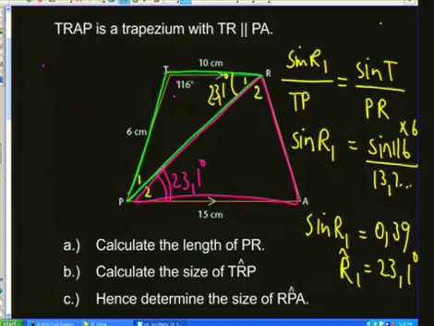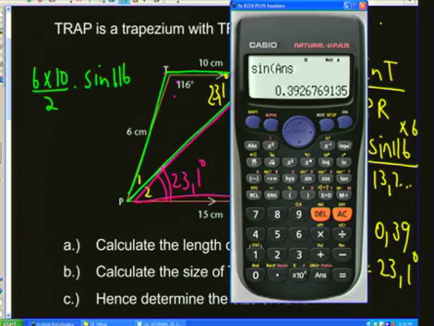Now let's do the green one first. So green would be 6 times 10 divided by 2 times the sine of 116. That would be the green area, which would be 30 times sine of 116, and that would give me 26,9.